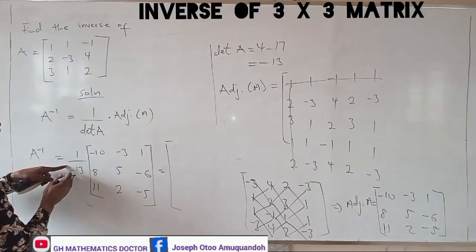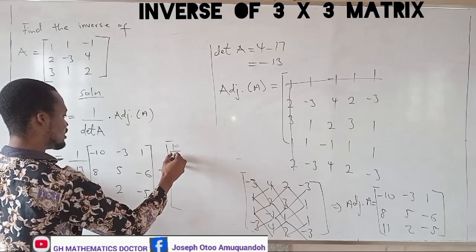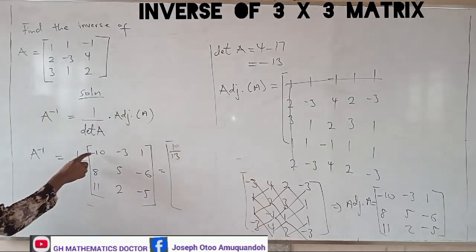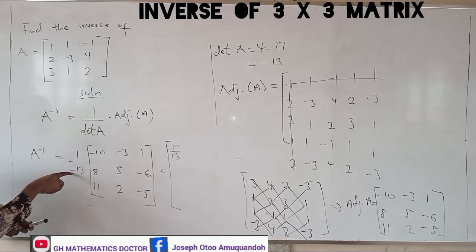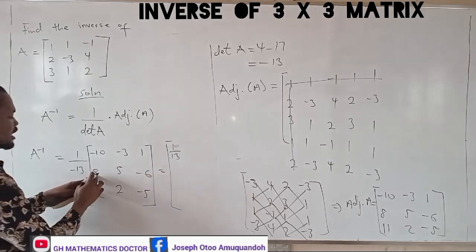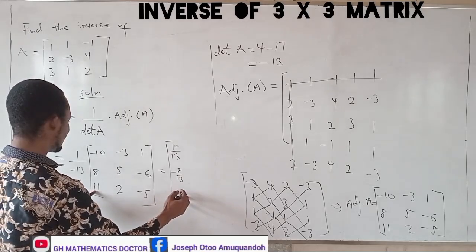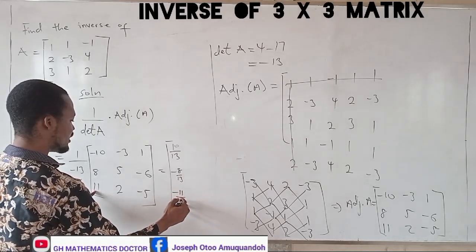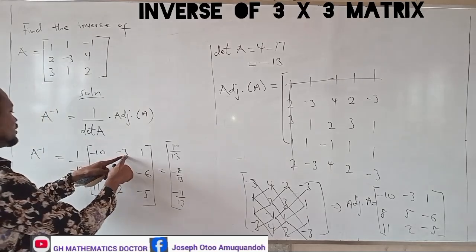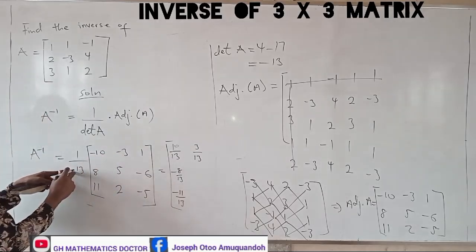When this multiplies this, we are going to get 10 over 13, because the negatives cancel out. For this side, we have negative 8 over 13. For this side, we have negative 11 over 13. For this side, we have 3 over 13, since the negatives cancel out.